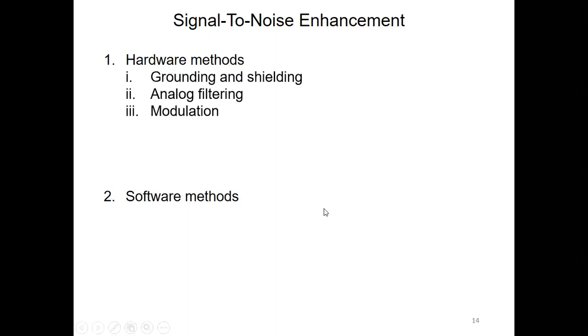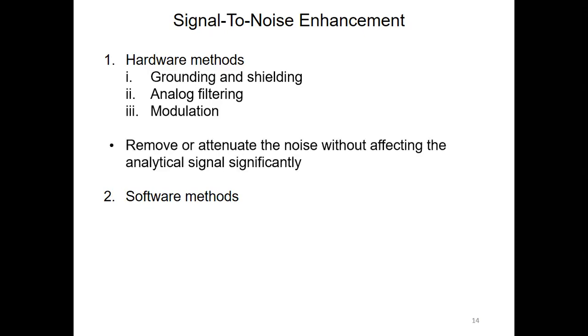Okay, the hardware methods. There are certain types of hardware methods. One is grounding and shielding, analog filtering, and modulation. I will discuss these in detail in the next slide. By using the hardware methods, we can remove or attenuate the noise without affecting the analytical signal significantly.